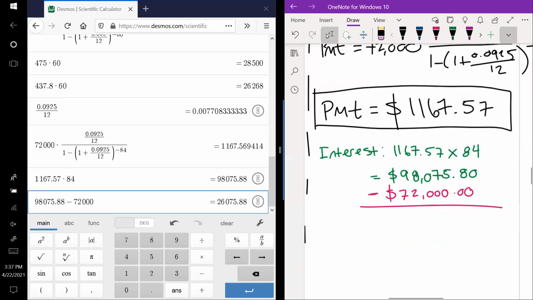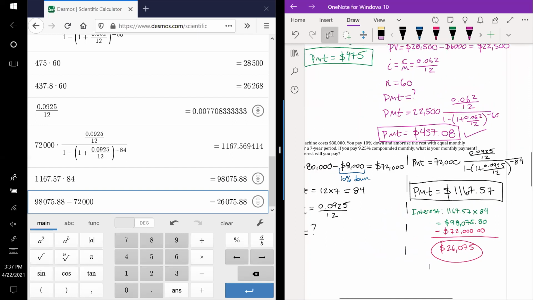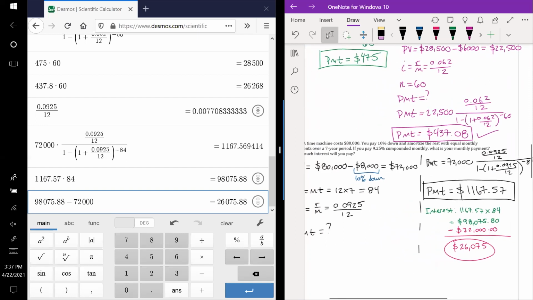We will pay $26,075 in interest. Oof, that's a lot of interest. But hey, you got a time machine. True.